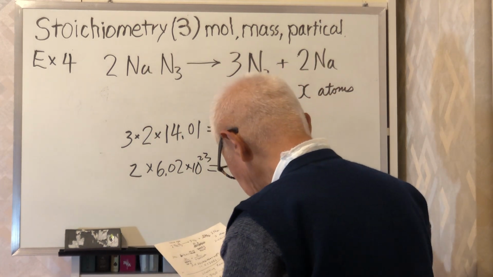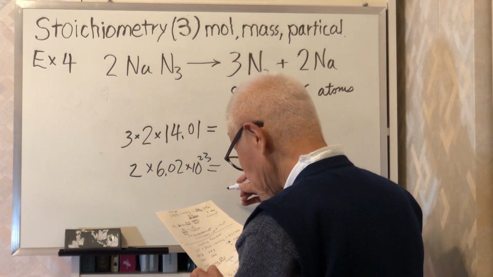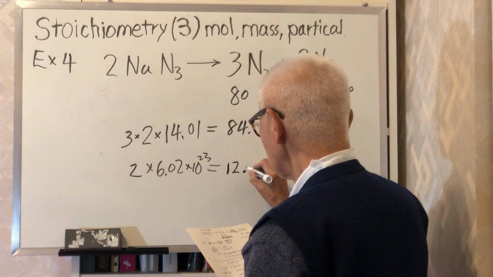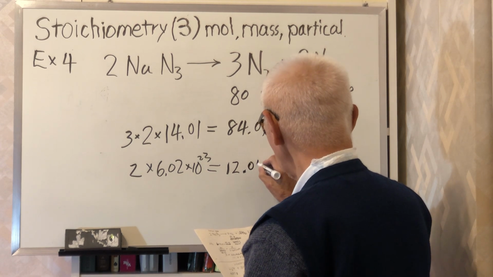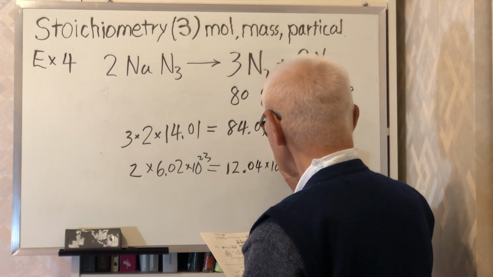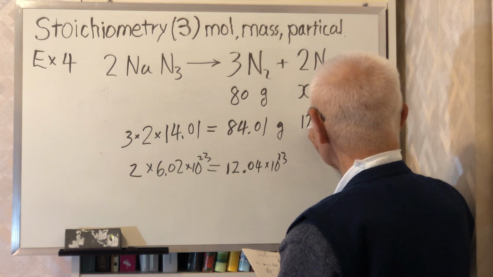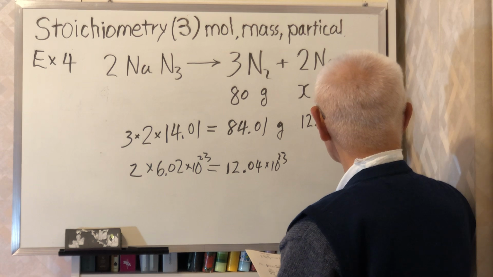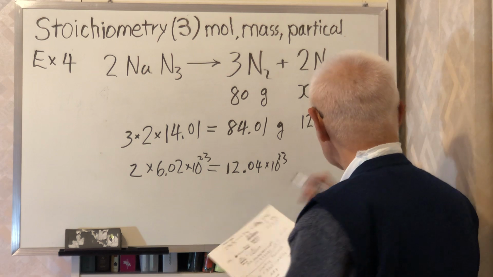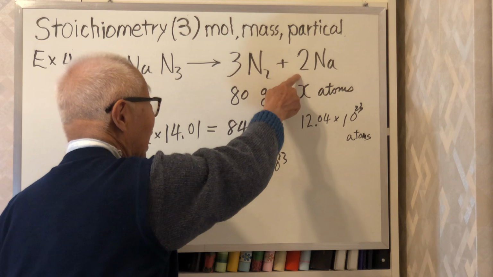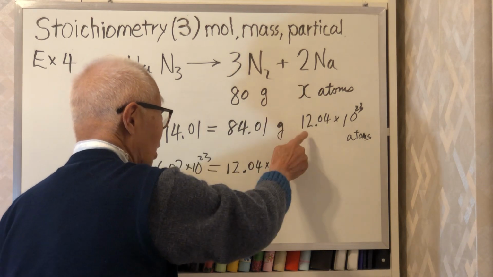So it's 12.04 times 10 to the 23. So I put this number here. 2 times Avogadro's number here.